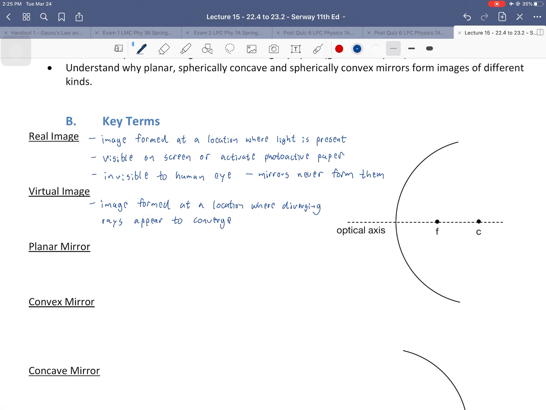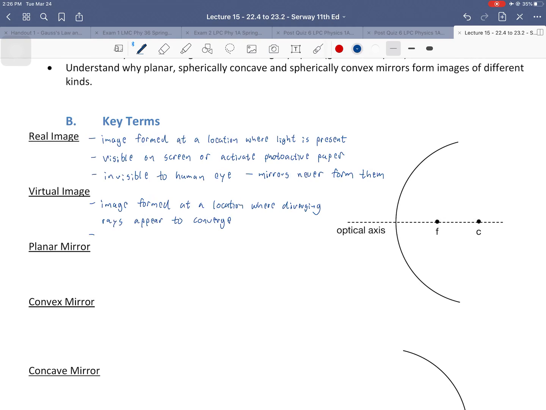So there's no actual light at the location of a virtual image. It's just the projection, the continuation of diverging rays. And that's something we'll see quite a bit of, diverging and converging rays. And a ray is just that line that represents light, like we were doing for refracted light with Snell's law.